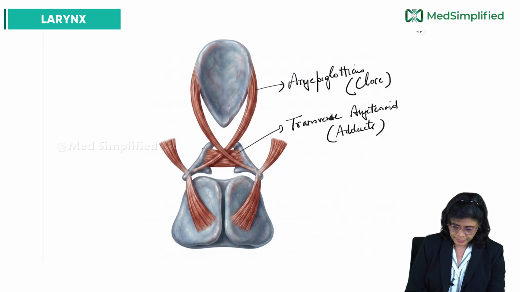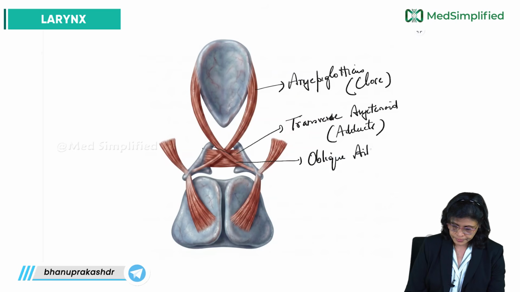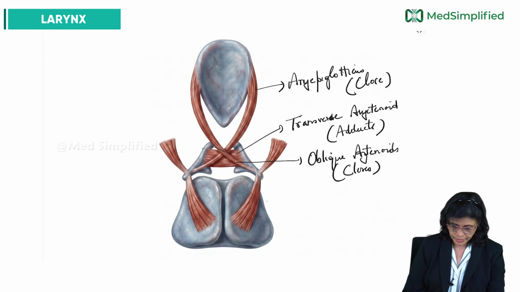Then here this muscle which is going obliquely, we have the oblique arytenoids, and the oblique arytenoids close the laryngeal inlet.